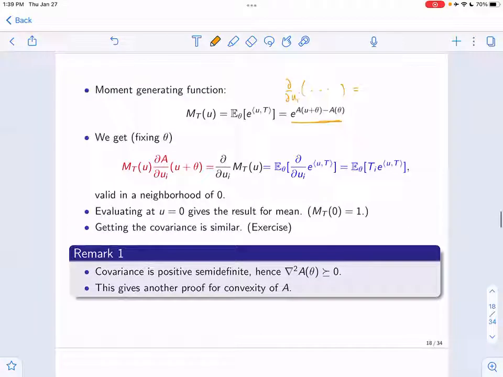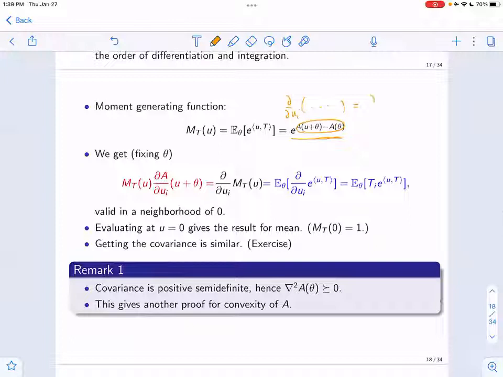Right, so this part is constant, so we get the partial with respect to u_i of A(u plus theta), and then times the entire thing, which is just M of t(u), the thing itself. So that's the derivative of that side.